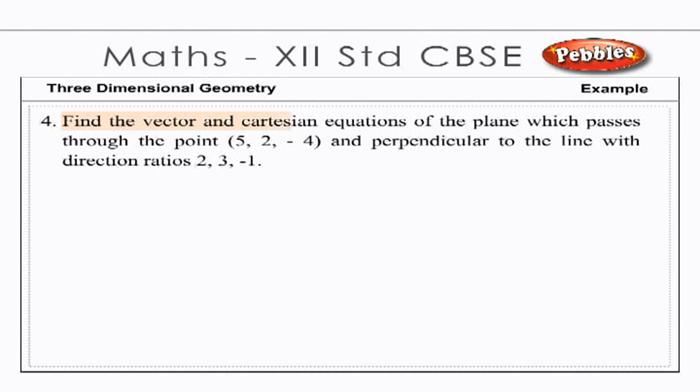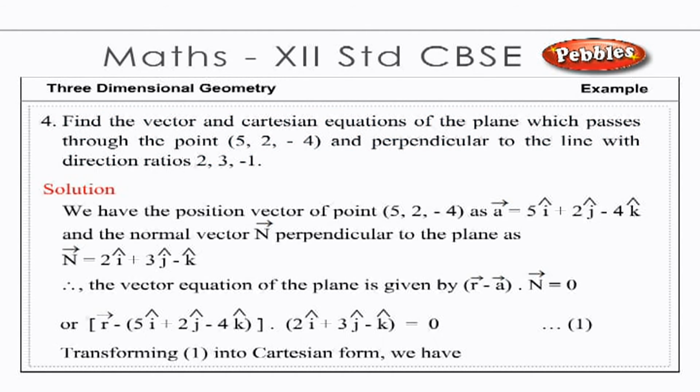Find the vector and the Cartesian equations of the plane which passes through the point 5, 2, minus 4 and is perpendicular to the line with direction ratios 2, 3, minus 1. Solution.